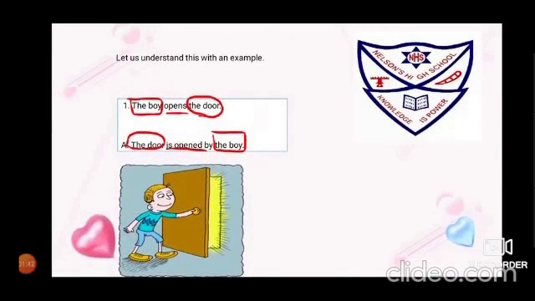Let us understand the theory of active and passive voice with an example. The first example: the boy opens the door. Who is performing the action? The boy. Which action is he performing? Opening the door. So the verb is opens. And who is receiving the action? The door.